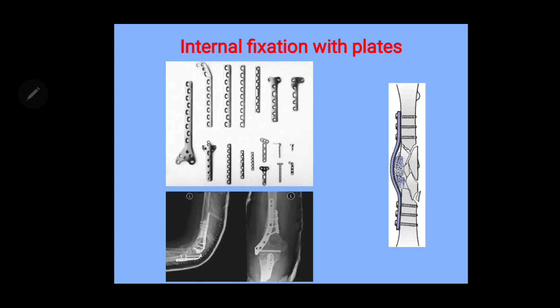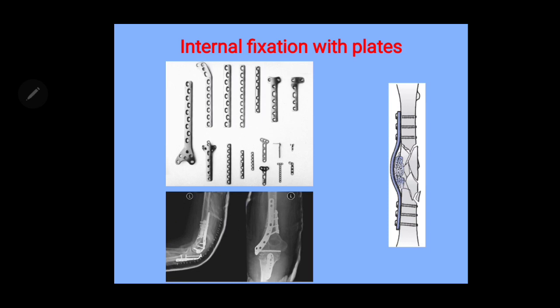So internal fixation with plates is quite an old technique. First application of plates was at the beginning of the 20th century, and for these times it was just straight plates, and actually this surgical procedure was very rare.